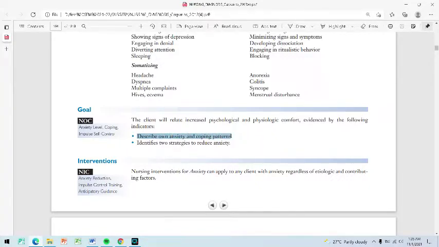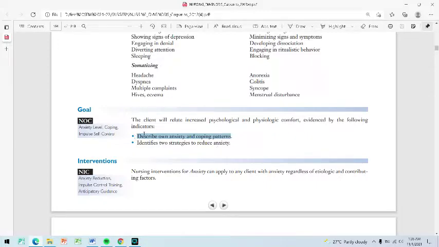Describe own anxiety and coping patterns and identifies two strategies to reduce anxiety. So the nurse should help the patient to describe his own anxiety and help them to identify the coping patterns. That should be the outcome identification for the patient, and identify two strategies to reduce anxiety.